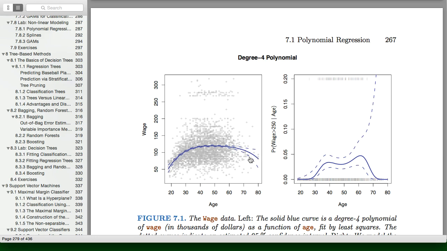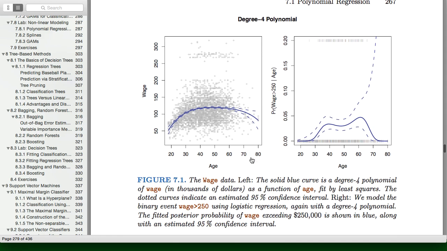The two dashed lines are a 95% confidence interval, which is mentioned right here. The 95% confidence interval is pretty small until we get out here. Any place where we don't have very much data, the problem is we're going to get very high variance because there's just nothing there.